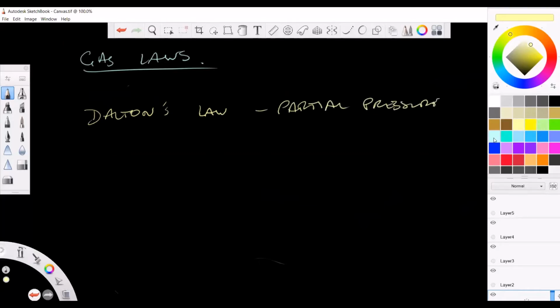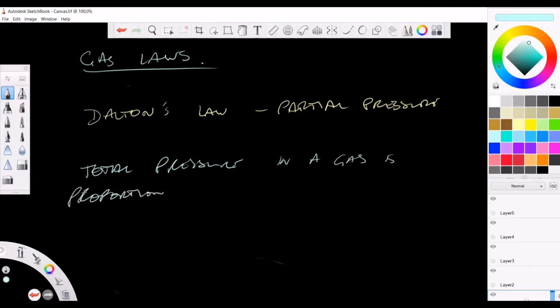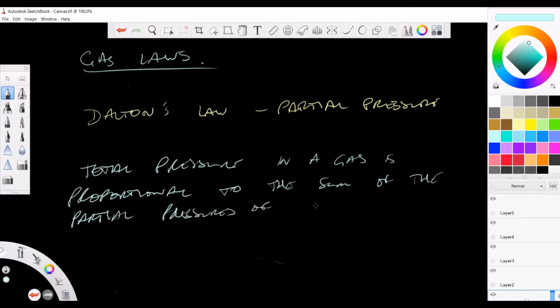and this states that the total pressure in a gas is proportional to the sum of the partial pressures of the component gases.